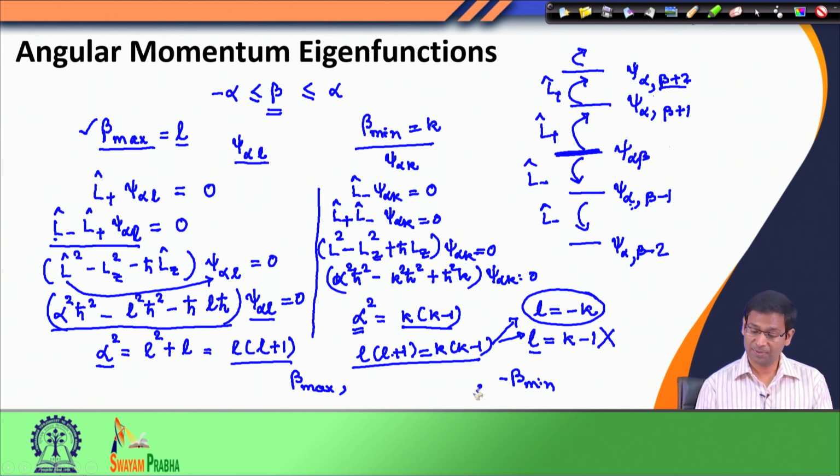And the other possible beta values are obtained when I subtract 1 from beta max, or add 1 to beta min. So, now what I have is that for a given value of alpha, I have the eigenfunctions that are from beta max to minus beta min.